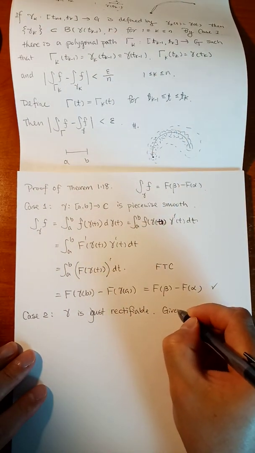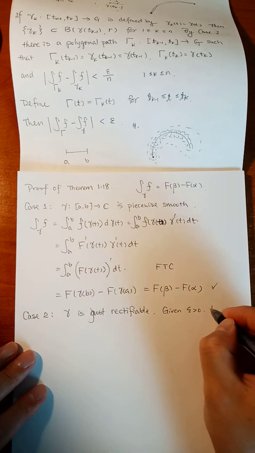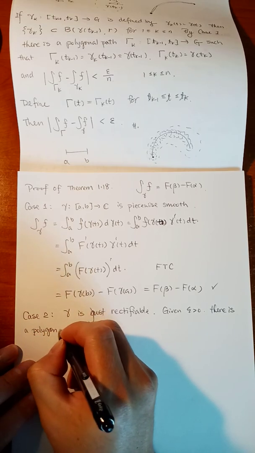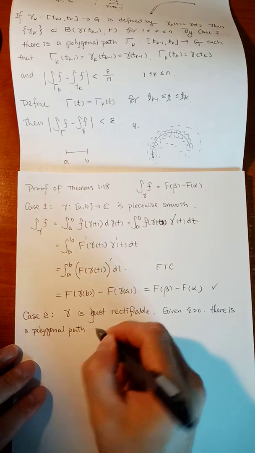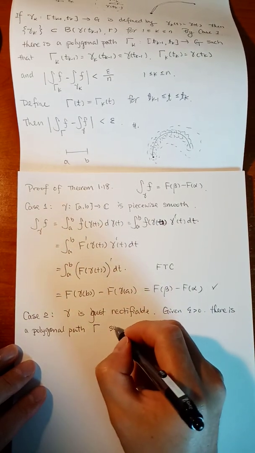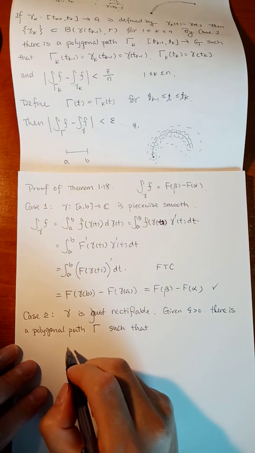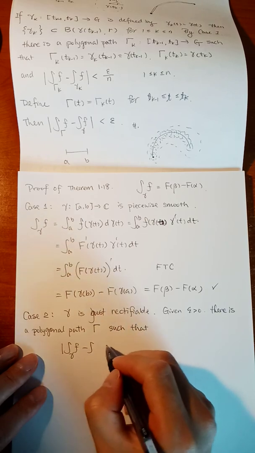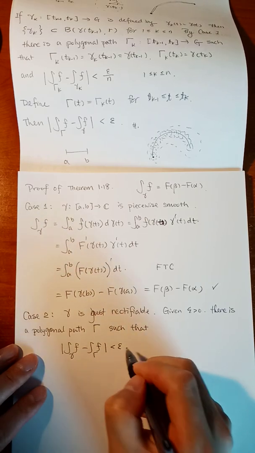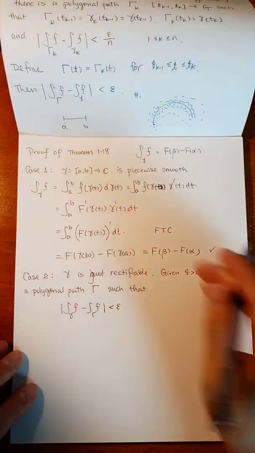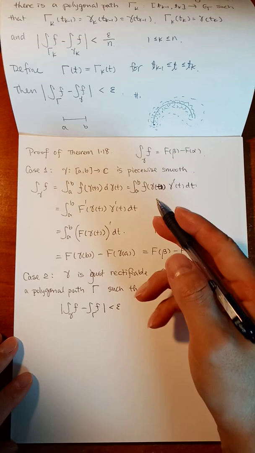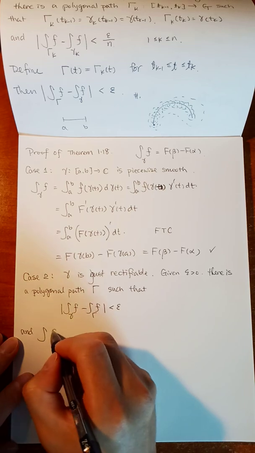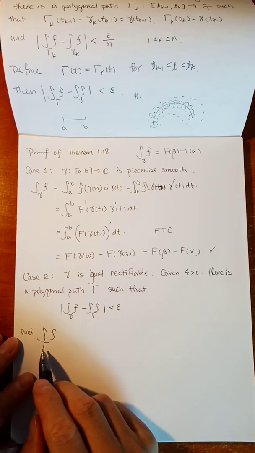Then given epsilon greater than 0, there is a polygonal path capital gamma such that the absolute value of the integral of f along little gamma minus the integral of f along capital gamma is less than epsilon, based on the above lemma. And we know this polygonal path is piecewise smooth.